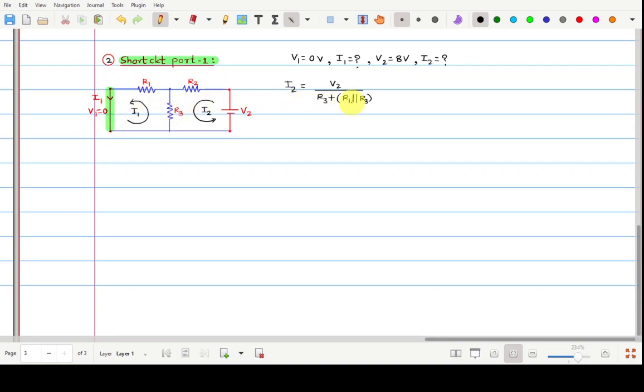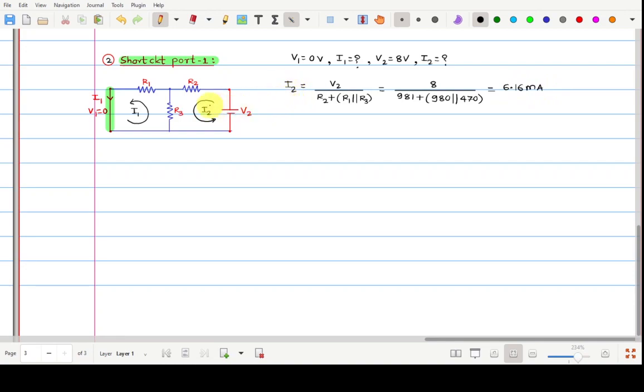So R1 parallel to R3, this combination is in series with R2. So R2 plus R1 parallel to R3, this is the total resistance you are getting. Okay, now put these values, you will get the value of I2 as 6.16 milliampere.